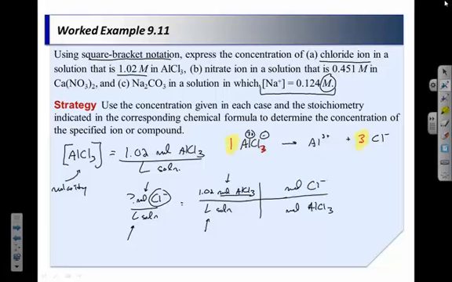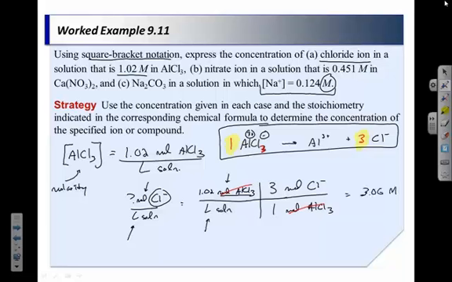And that comes from the balanced equation up here. 1 aluminum chloride gives me 3 chlorides. So now this cancels, and I multiply by 3 and I would get 3.06 molarity, or moles of chloride ion per liter of solution. Questions about that?